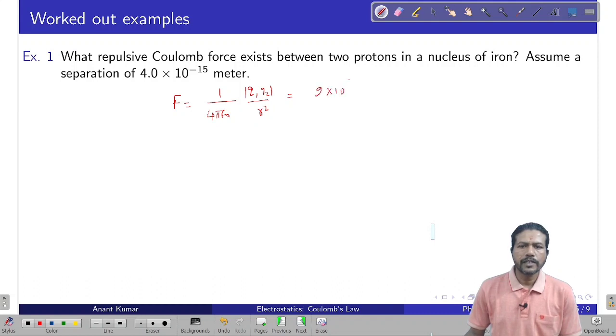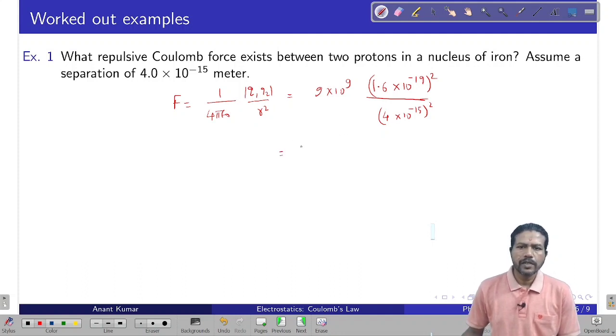If you work in SI units, the result will be in SI units. So 9 × 10^9 into, because both of them are protons, the charges are identical, (1.6 × 10^-19 C)² divided by the distance, which is (4 × 10^-15 m)².